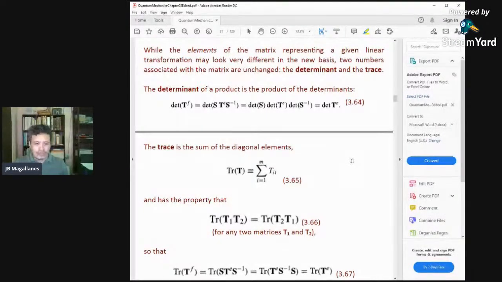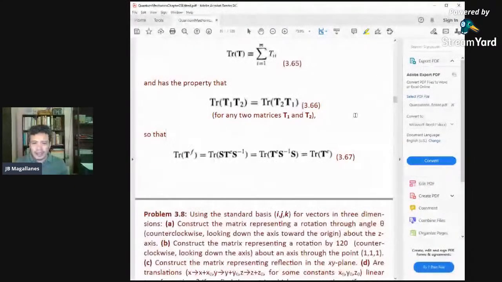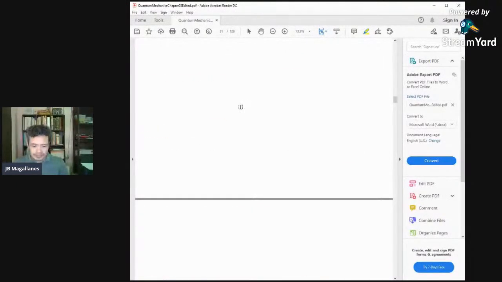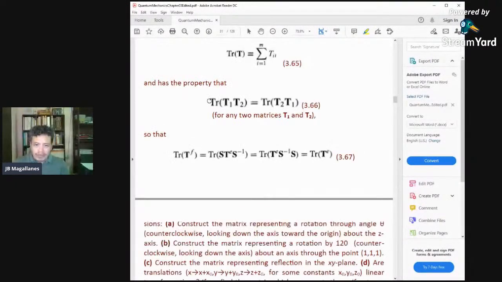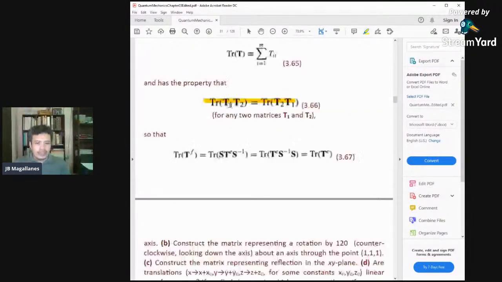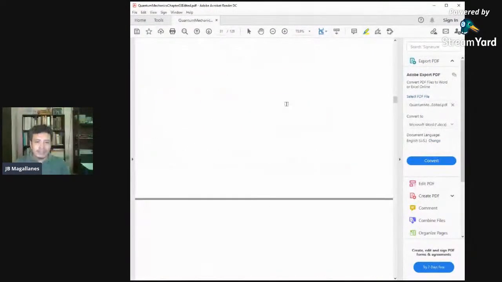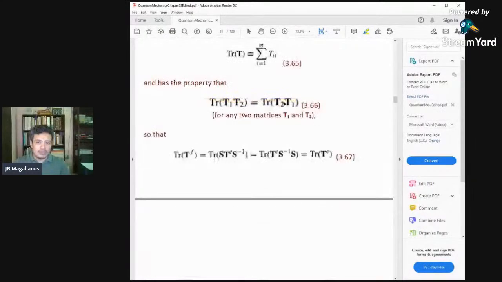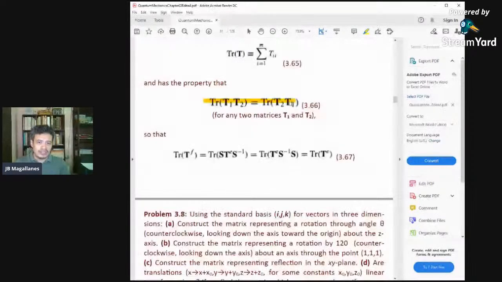And the trace is also a constant. It also has the property that the trace of the product of two matrices is also the trace of the product of the two matrices in the reverse order. So this is T1 multiplied by T2, and this is T2 multiplied by T1. That's the trace there.